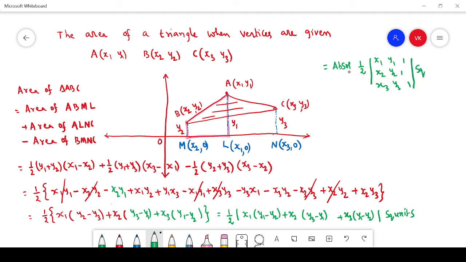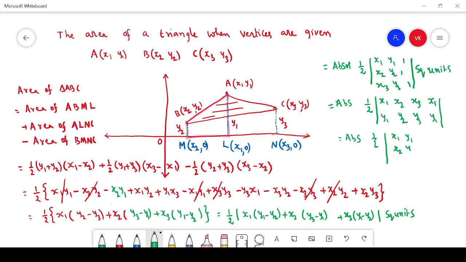This is the absolute value, meaning always positive. Half times, in between two parallel lines, a rectangular array, that is called a determinant. The unit is square units. This is the same as the absolute value of half times the array x1 x2 x3 x1 over y1 y2 y3 y1. This is the same as half times x1 y1, x2 y2, x3 y3, x1 y1.